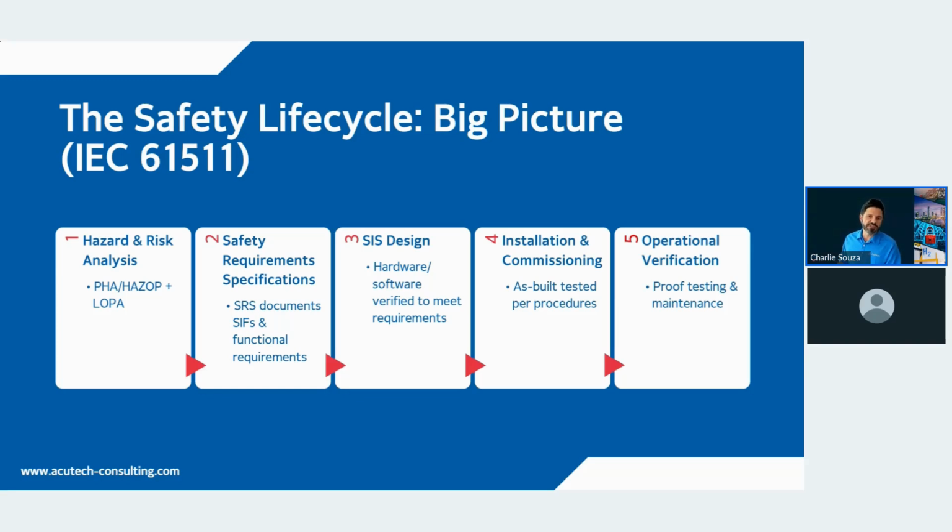But in your installation and commissioning, there are things that you must do and record that will also contribute to keeping that risk reduction factor. In other words, if you don't do those, there is a high chance that the risk reduction factor is going to decrease. You're not going to achieve it.